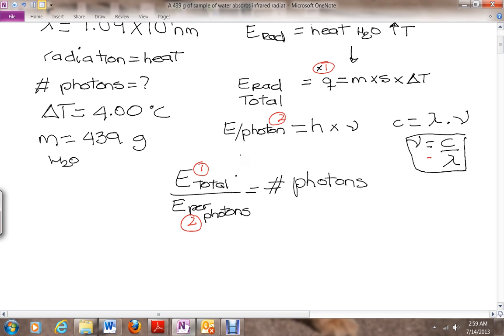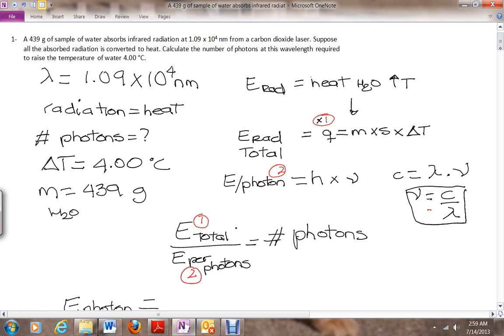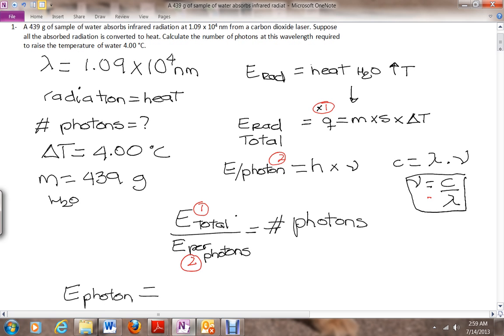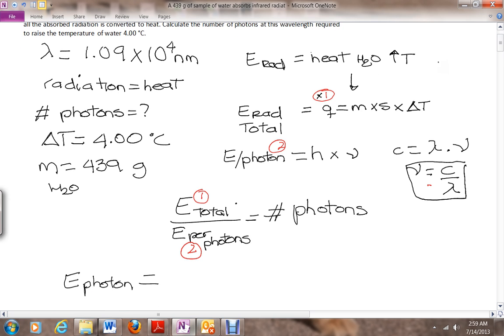Why? Because this is the total energy that changed the water's temperature by 4 degrees Celsius. So let's keep on calculating. Let's start by calculating the energy of a photon. What wavelength are we going to use? Every time they give us a wavelength or frequency, we calculate the energy of a photon. So let's start. Let me do it here.